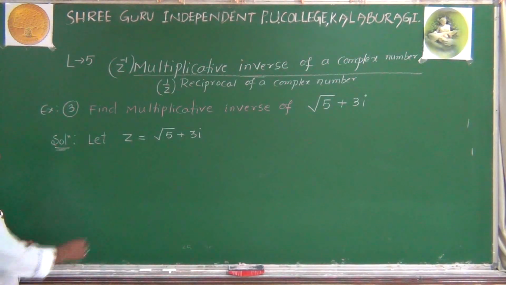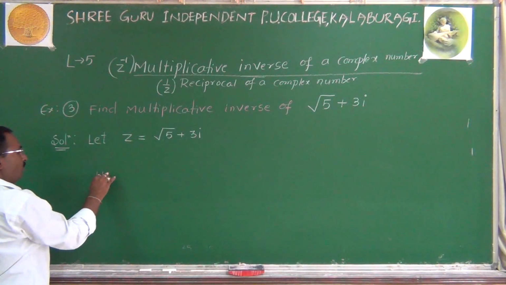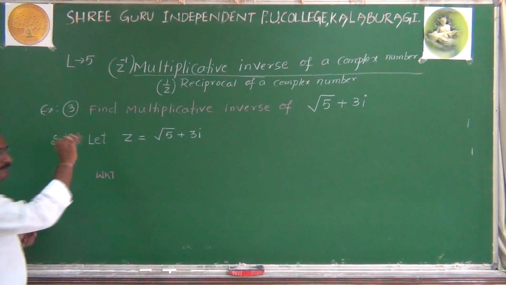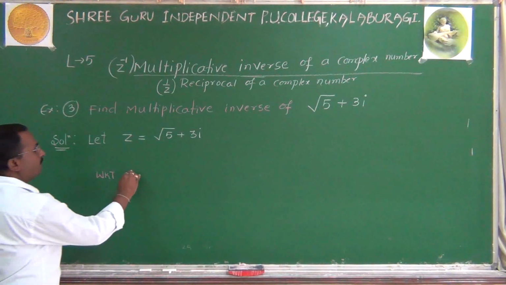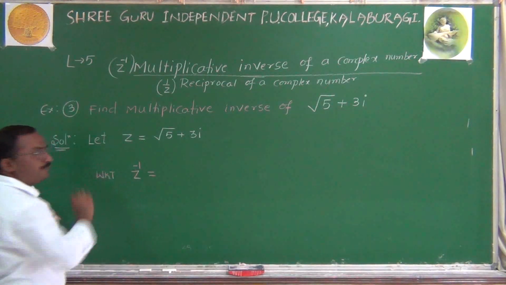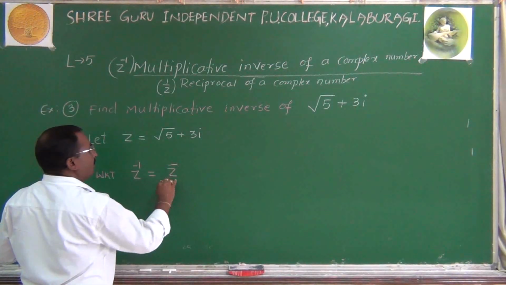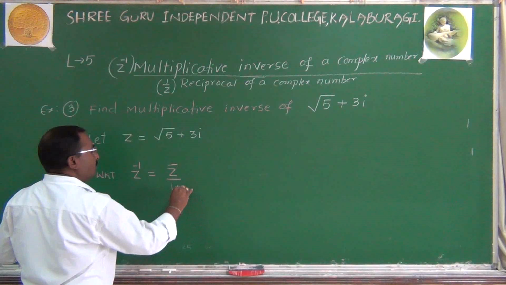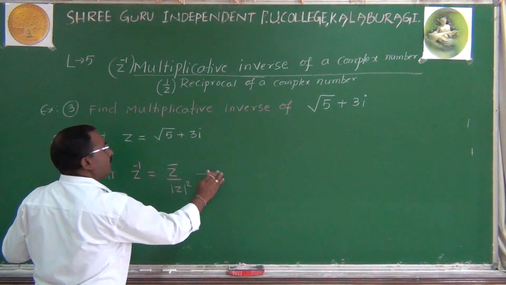Find the multiplicative inverse. We know the multiplicative inverse formula: z inverse is equal to z bar divided by modulus of z whole square. This is the formula.